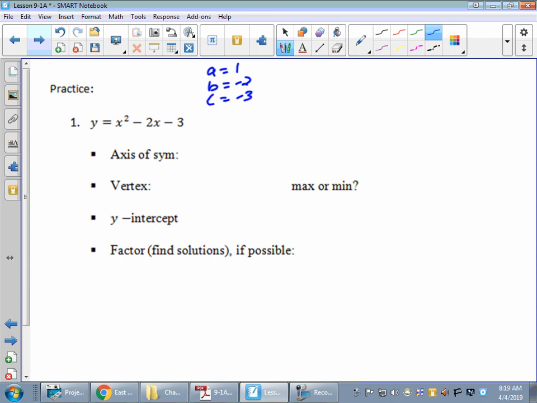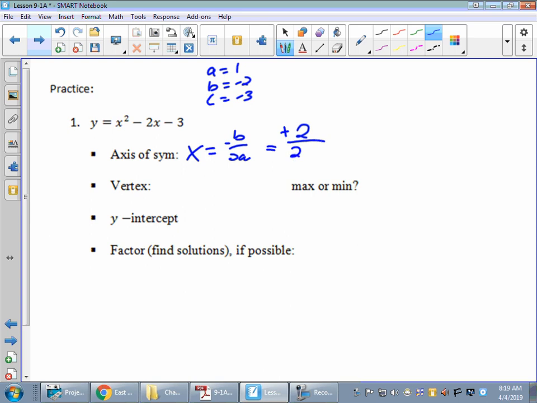All right. So the first thing I want to do is find the axis of symmetry. So I've got to go with x equals negative b over 2a. In order to do that, I'm going to take the opposite of b. So it's going to be a positive 2. Does everyone see how I get a positive 2? My b value is negative 2, so it would be a positive 2 here over 2 times a.